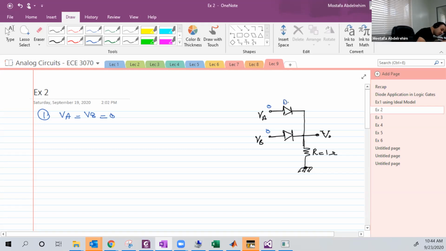It's an OR gate now. Yes, that's an OR gate. For those of you that don't know the OR gate or didn't take a digital design course, I will explain it at the end. But in that case, DA and DB will be on or off?